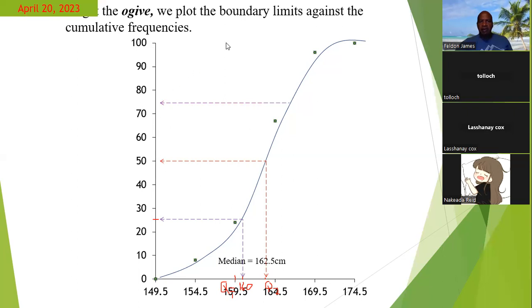The upper half would fall on the frequency axis at 75. Now we construct our dotted line to meet our ogive. Then we come down vertically from where it meets the ogive. And the value that we get at this point, we call this value Q3, which is quartile 3.